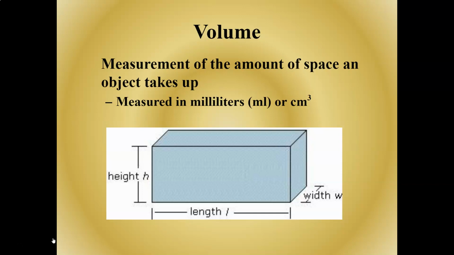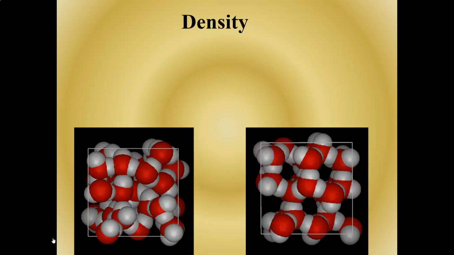One is shown here using length, width, and height for a regular object, or we could use water displacement in order to measure an irregular object. Liquids often are measured in milliliters because we would use a graduated cylinder. So volume has more than one unit, and they are equal. 1 milliliter is equal to 1 cubic centimeter.